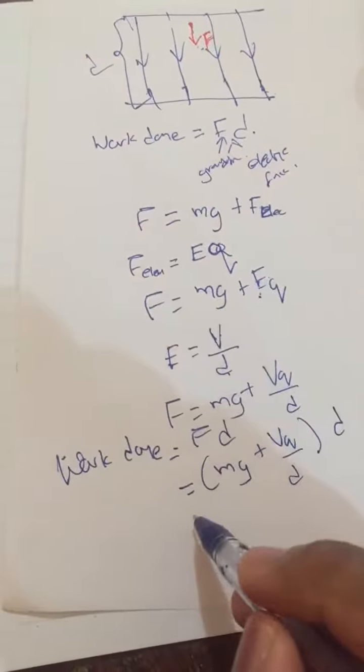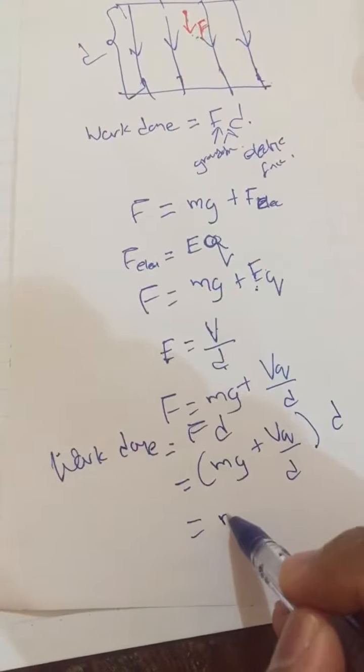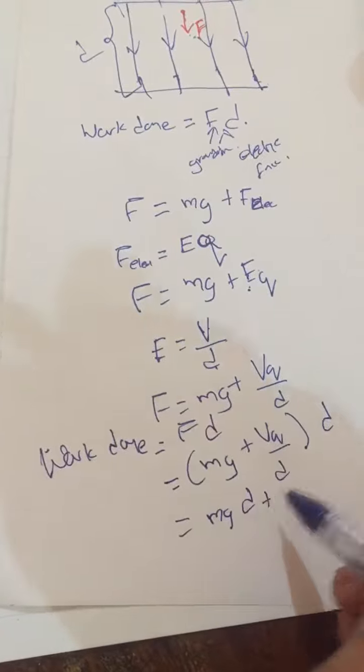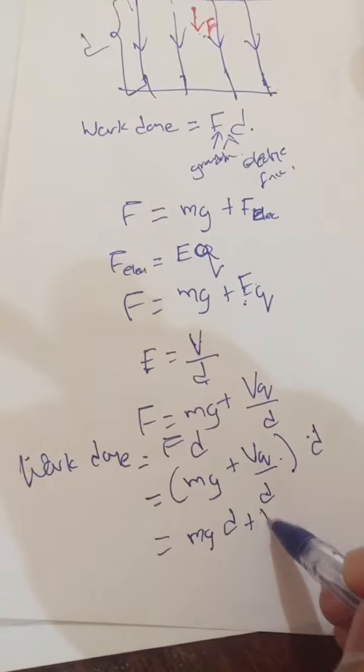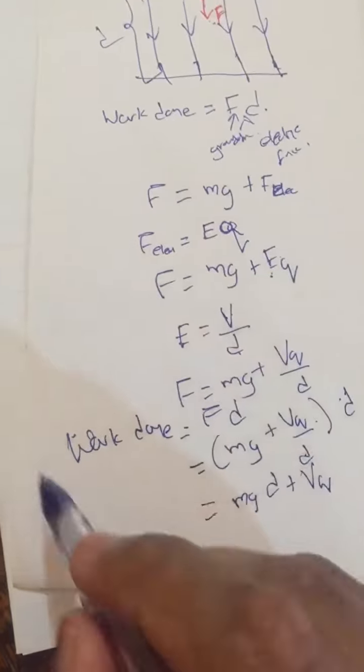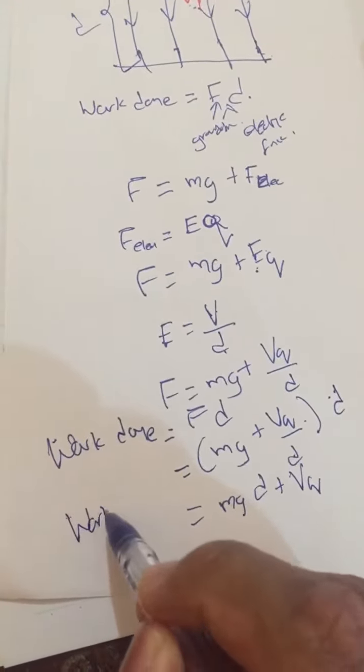So this gives you the total work done as mgd plus, when the d comes in, this d and this d cancel off and we'll have Vq. So this is the total work done.